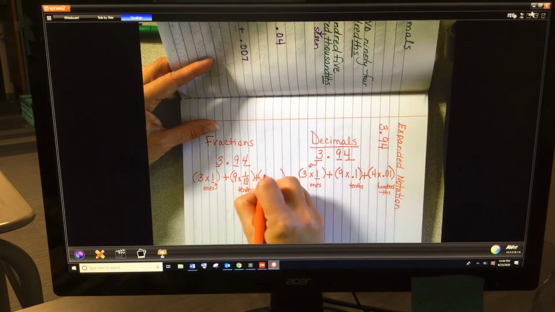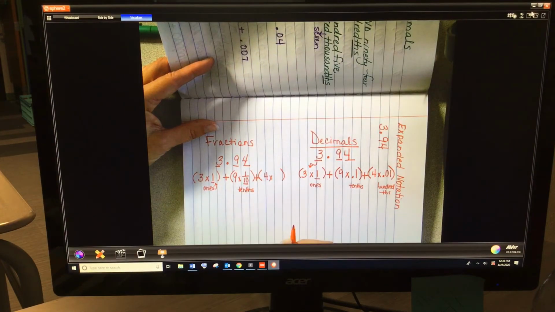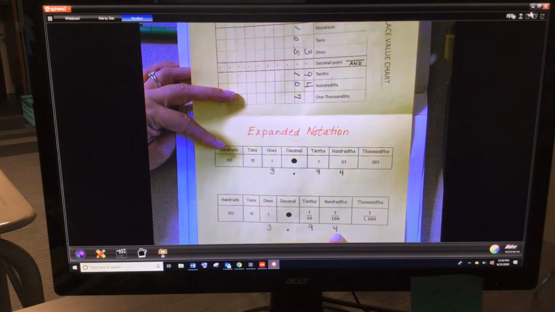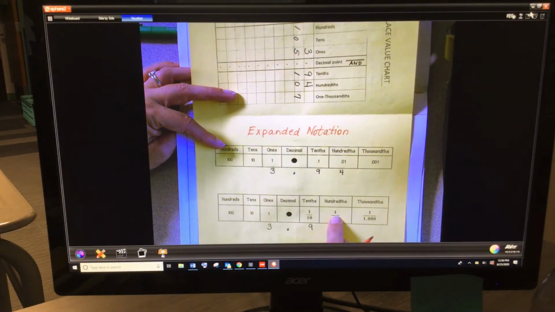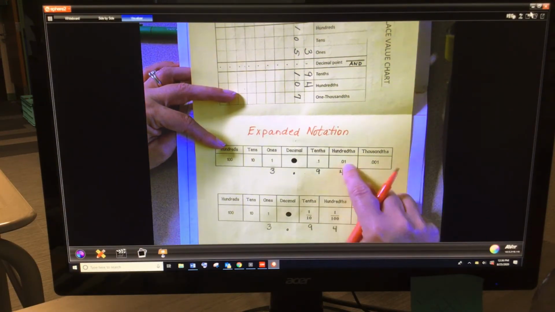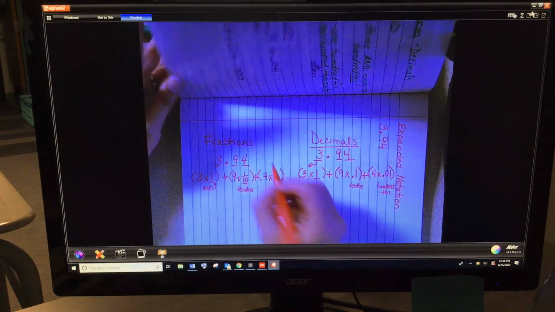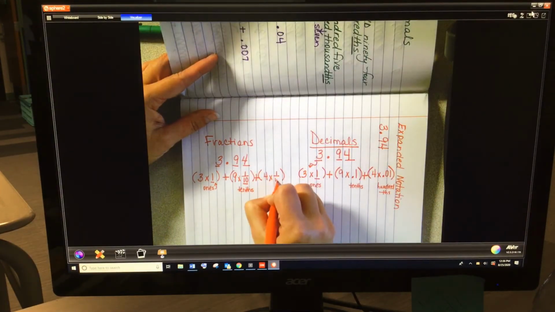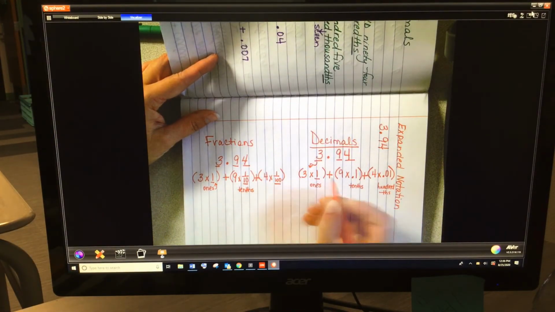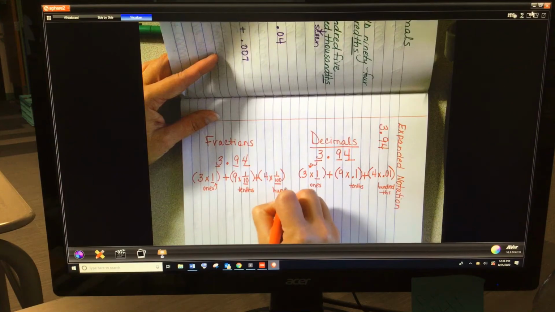Let's bring down our 4. 4 times what place value? What place value is the 4 in? We wrote it under our chart. It's in the hundredths, so that's 1/100. So we just found a decimal, fraction, equivalency. They're equal. So it's going to be 4 times, what is a fraction? 1/100, because the 4 is in the hundredths place value.